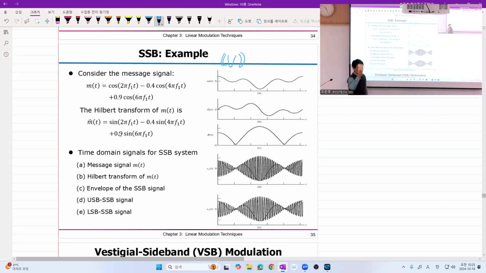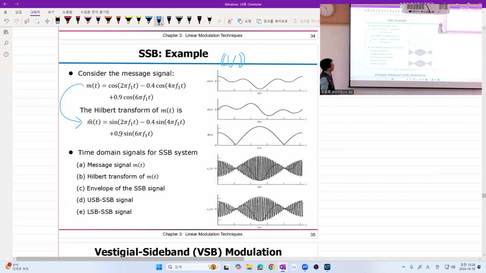And their frequencies are integer multiples of the common frequency, something like that. So F1 may be called the fundamental frequency, and this is twice, and this is 3 times. Got it? So from here to there, it's not that difficult, and you do it. Using the definition of the Hilbert transform, find this m hat. And if we draw it, we have that one. Does it look similar? Oh, well, not necessarily.